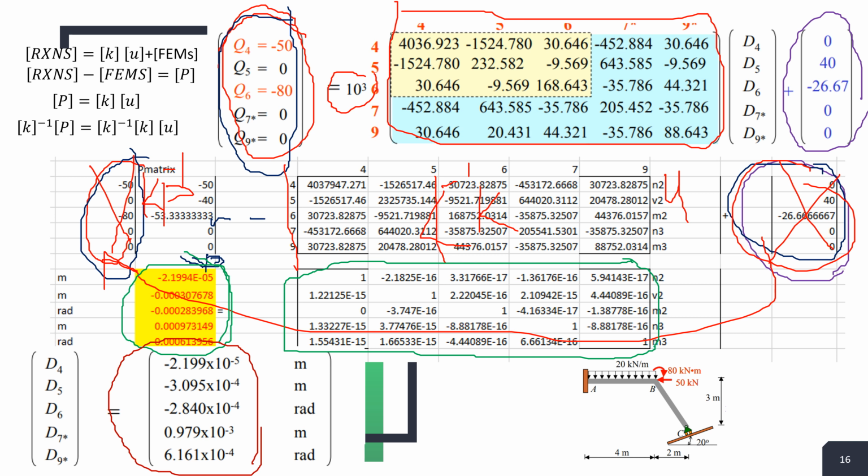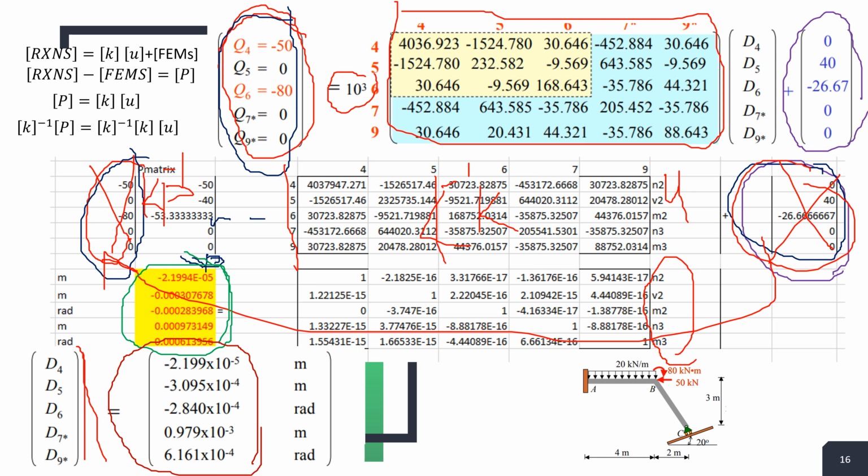I use different notations for you, it doesn't matter, you can choose your own. The most important thing is you understand what you're doing. So I use my own notations, you can see there, and the displacements. They use a different notation, but it doesn't matter. The important thing is the answers are exactly the same.